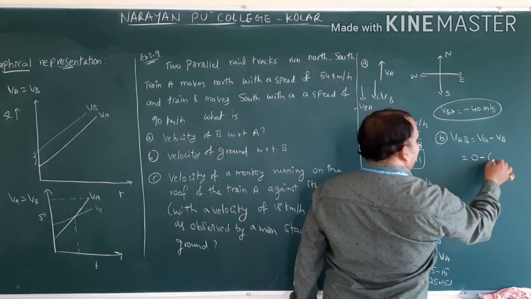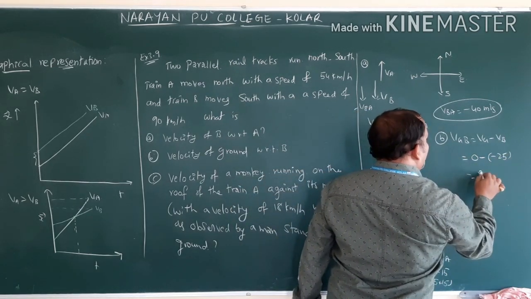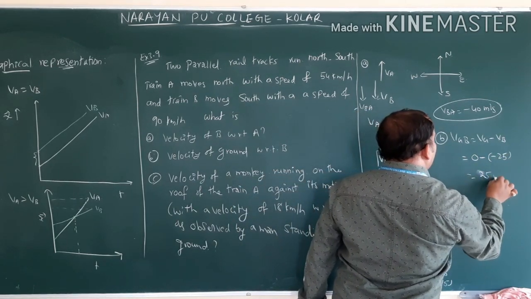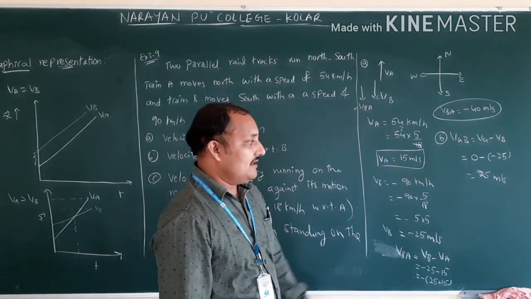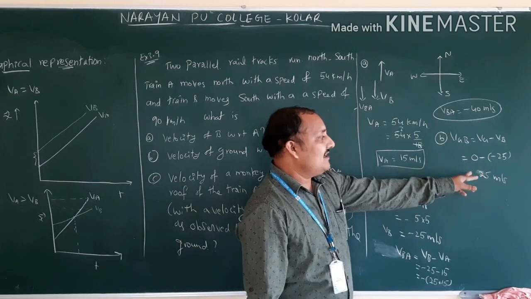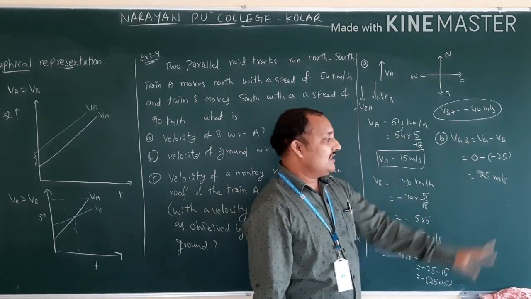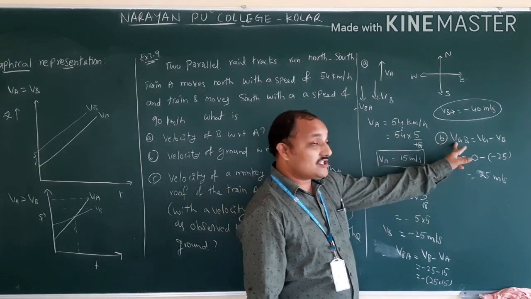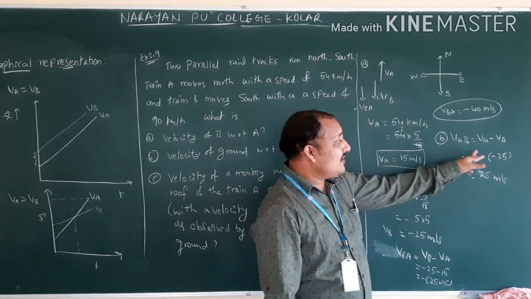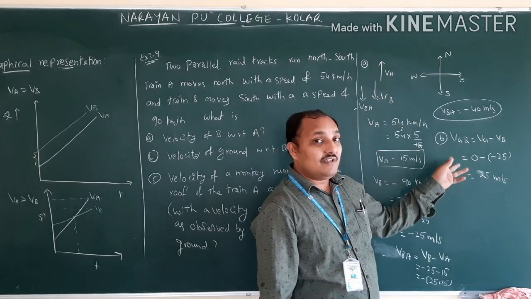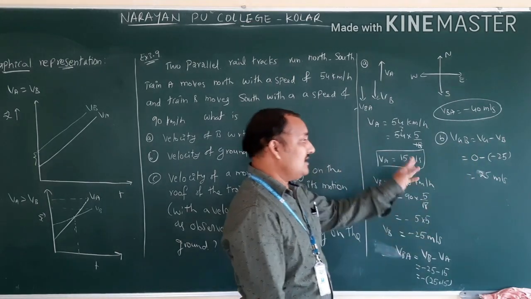VB is minus 20. Therefore, total you got 25 meter per second. You got plus, so plus means that gives direction. This is nothing but velocity of ground with respect to B. If they ask the velocity of B with respect to ground, then we have to write VBG, VB minus VG.